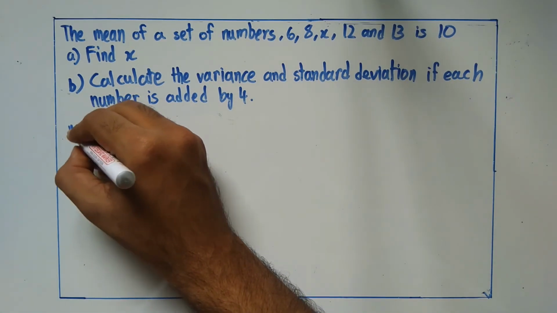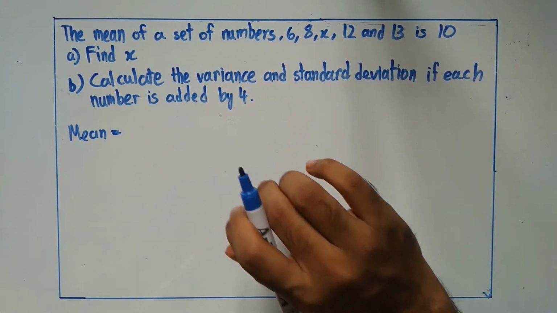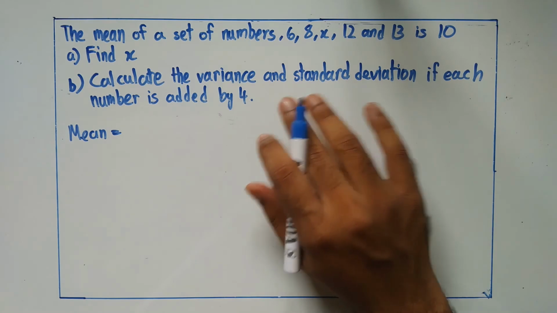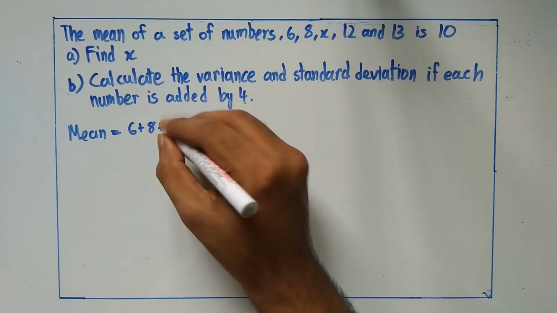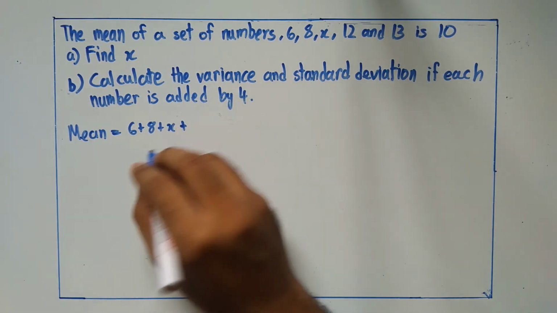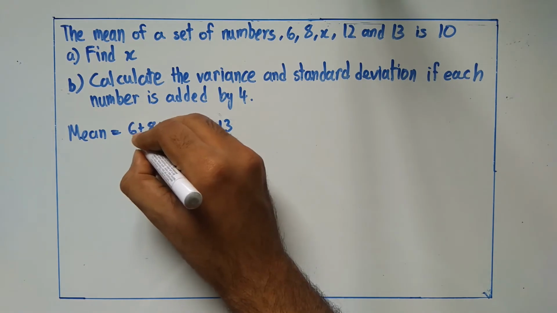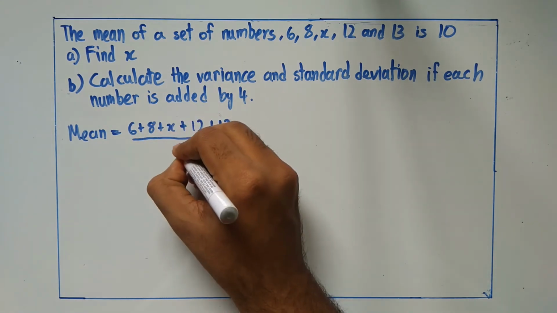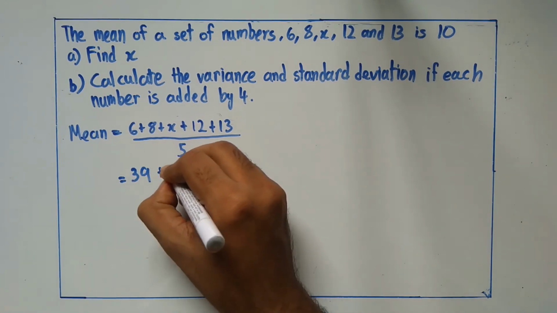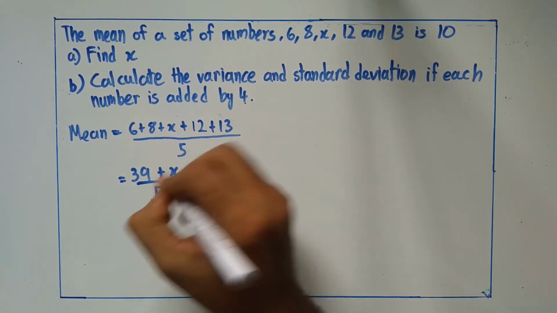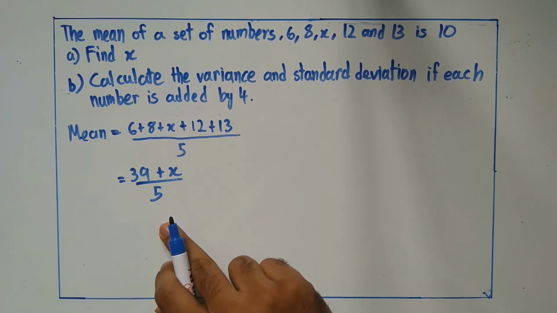We obtain the mean by adding all the numbers and divide it by the total number of terms. You will have 39 plus x divided by 5.